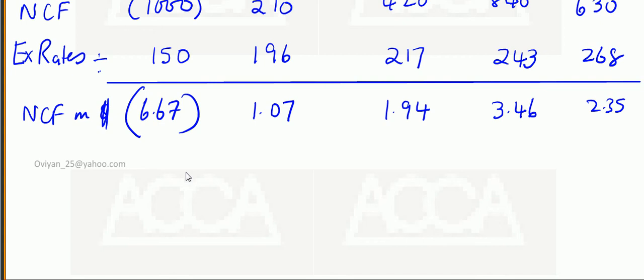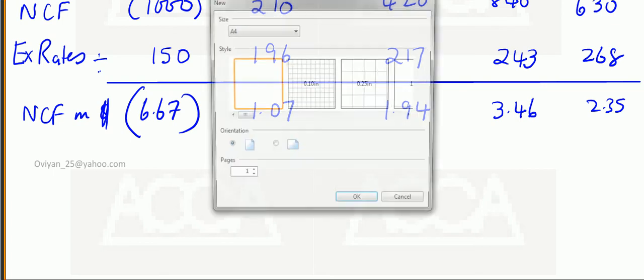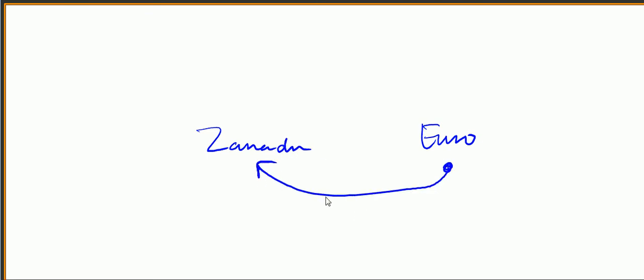For example, sometimes this company will bring their raw material to Zanadia and do the business. So what's going to happen is, let me show you. Europe, Zanadia. Sometimes they will bring special components. There are a lot of questions on this.